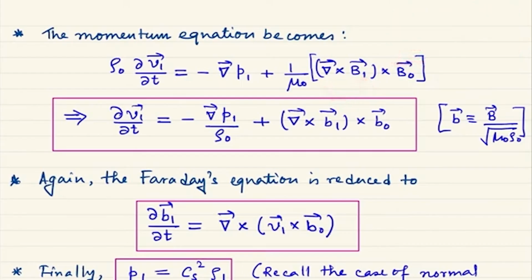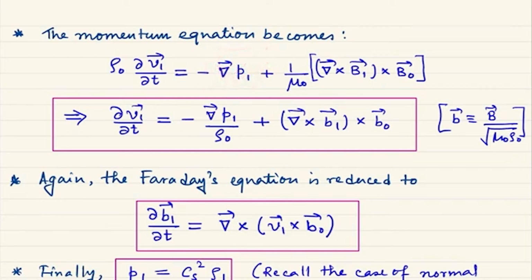Okay, so now the only surviving term is this one, 1 by mu 0 curl of B1 cross B0. Why? Because if both are 0, that will be the 0th order term and will be taken care of by the 0th order contribution of pressure.